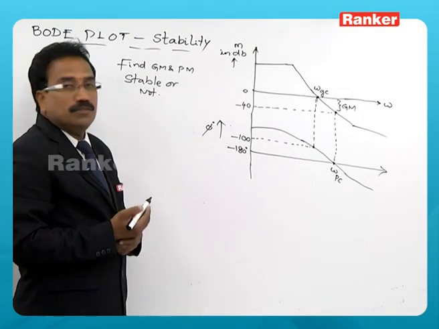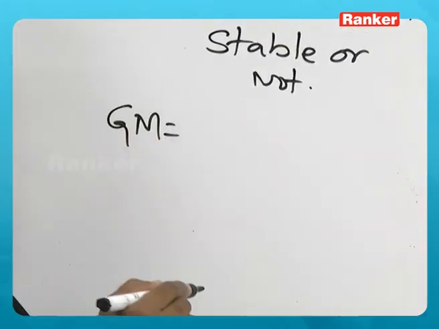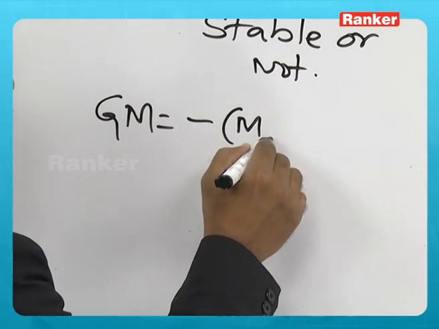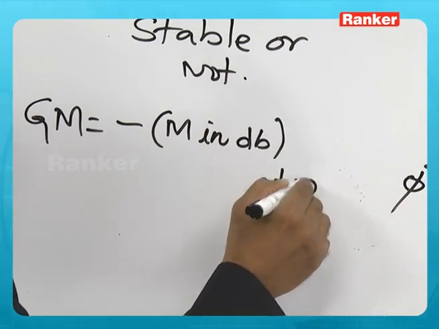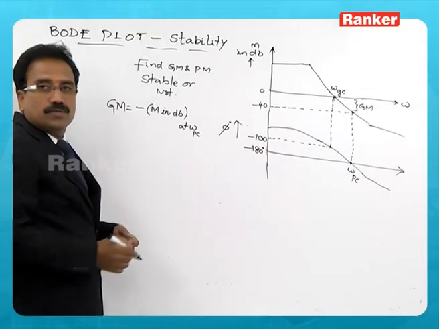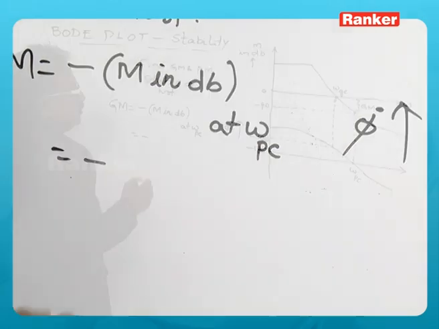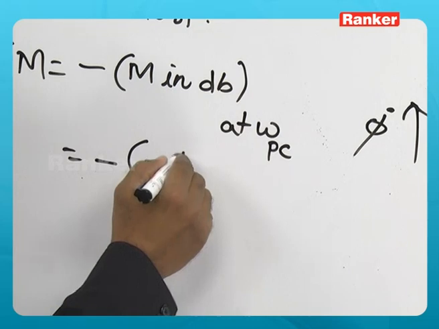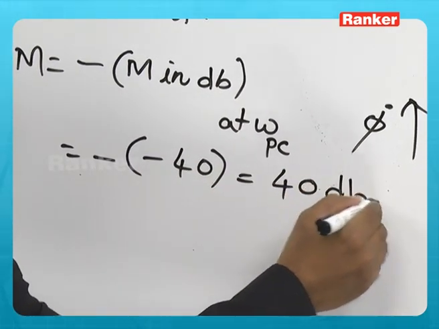So, the expression for gain margin is the negative of the magnitude in decibels at omega phase crossover. Here the magnitude in decibels at omega pc is minus 40, so it is 40 dB.